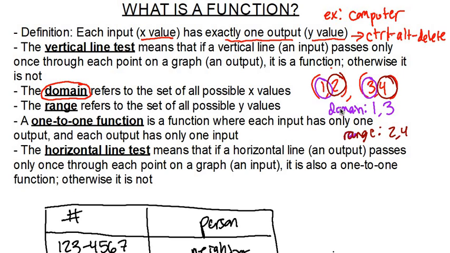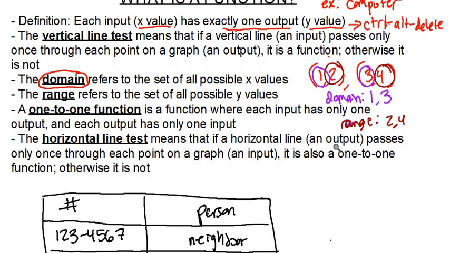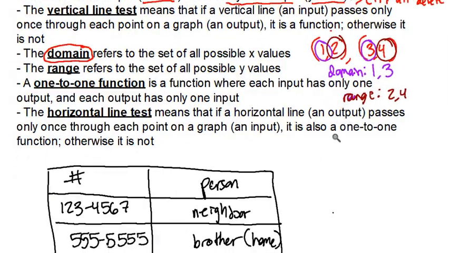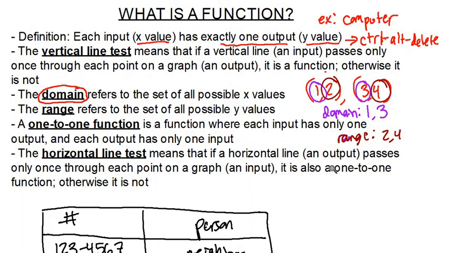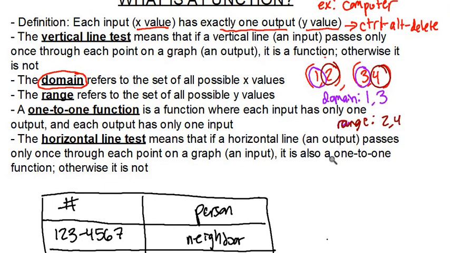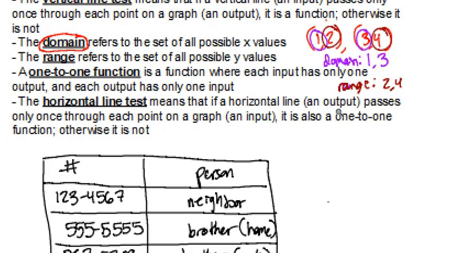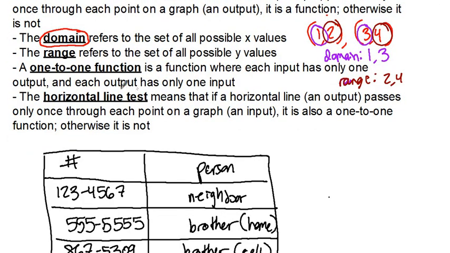And then something that goes together with the idea of a function is what's called a one-to-one function. It's possible for something to be a function but not to be a one-to-one function. One-to-one function means not only does each input have only one output, but the reverse is true also. Each output has only one input. So that's why it's called one-to-one. One input leads to one output, and one output leads to one input.